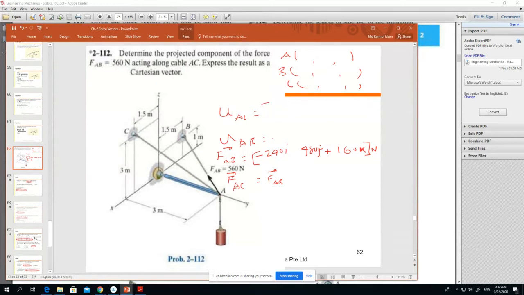You check your paper. I told you to keep your paper and records with you, right? So i, j, and k, right? I think it was 2 by 7. Double check and tell me. 2 by 7, minus 2 by 6.